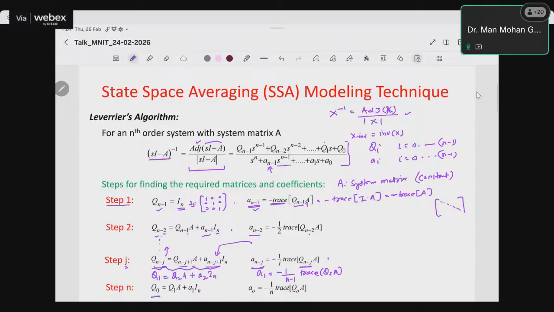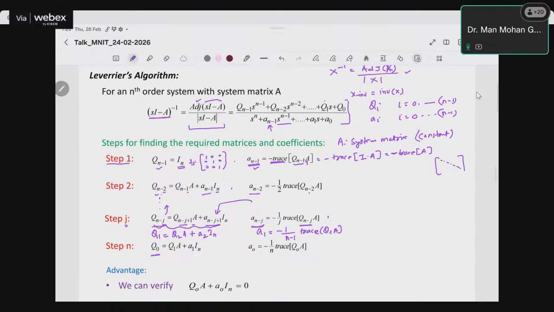So Q0 can be found out as Q1 A plus a1 I, and a0 equal to minus 1 by n trace of Q0 A. So many coefficients have been found out.